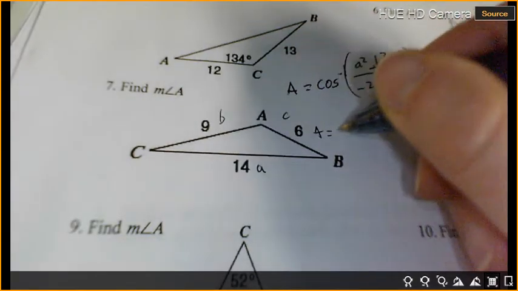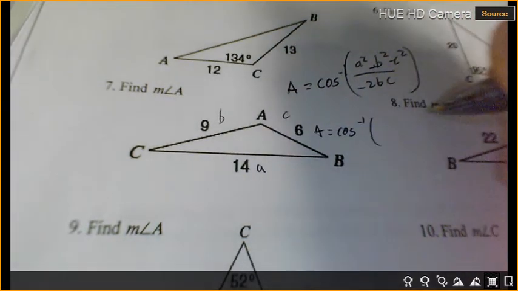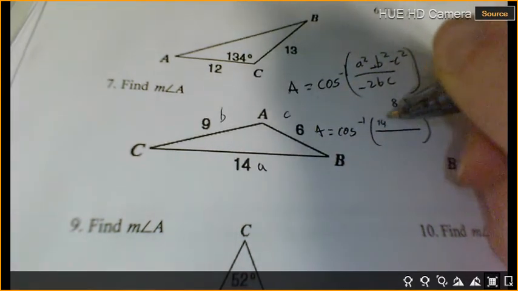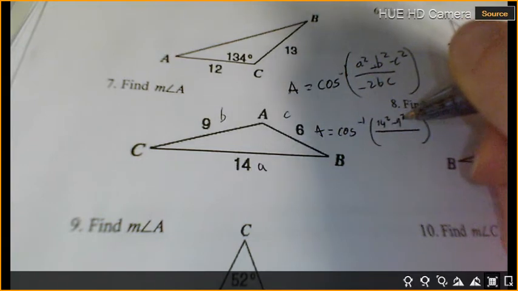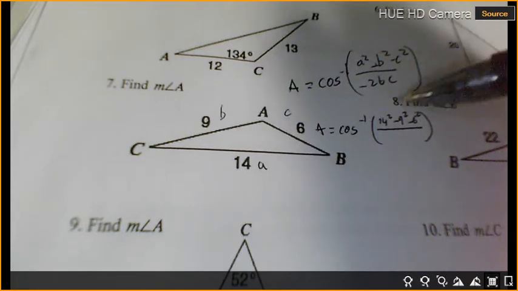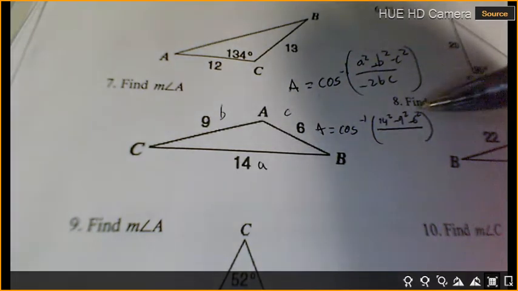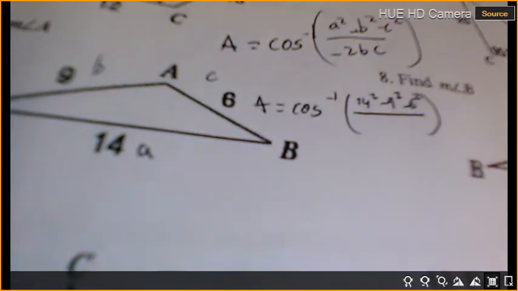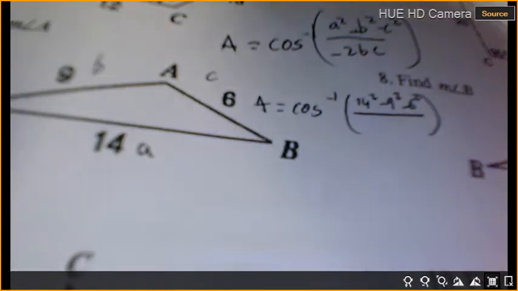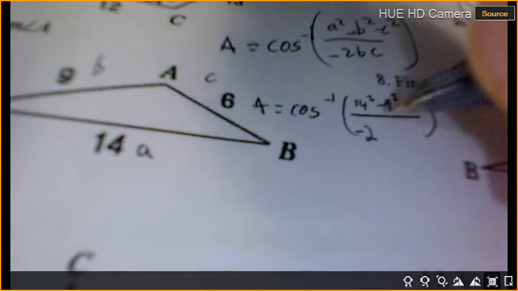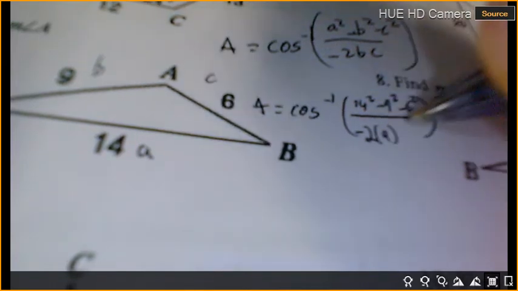A equals cosine -1, parentheses, that divide bar, 14 squared minus 9 squared minus 6 squared. And I'll say that again. Cosine -1, 14 squared minus 9 squared minus 6 squared all over -2 times 9 times 6.